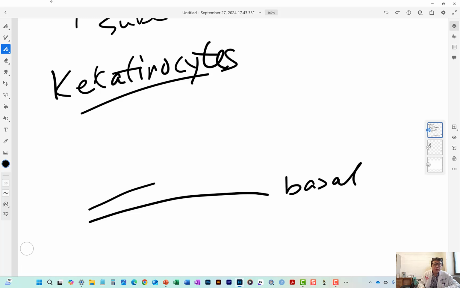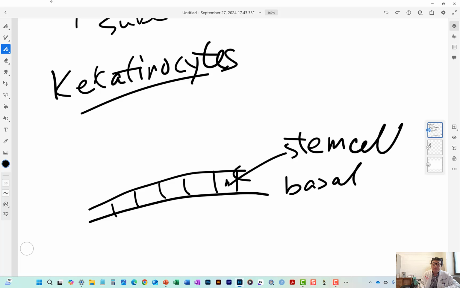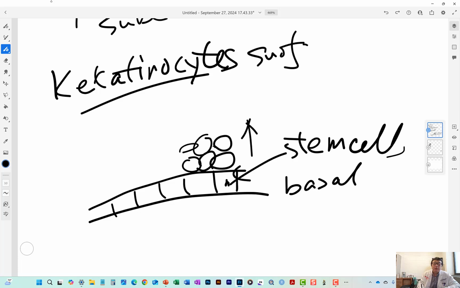In this basal layer, not all the cells, but some of those cells are stem cells. These stem cells keep dividing to make more keratinocytes on top. And then the old cells are pushed forward to migrate to the surface of the skin.